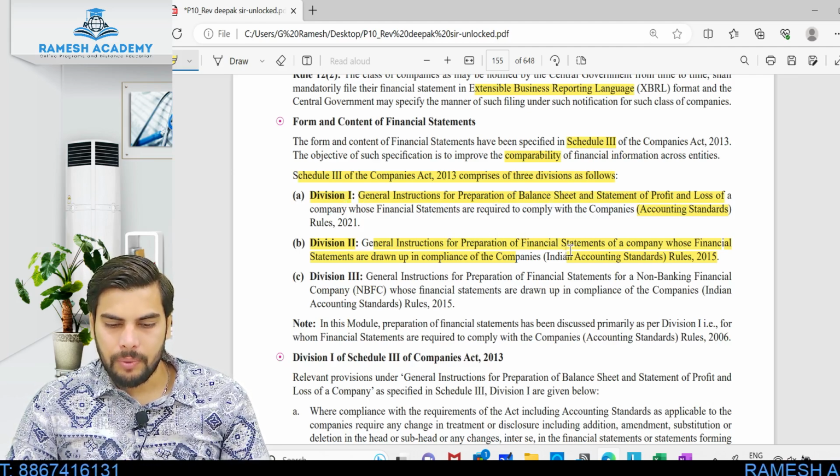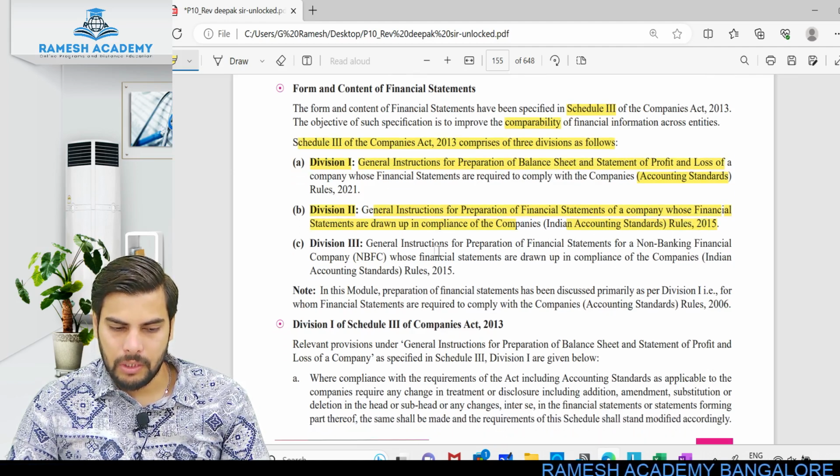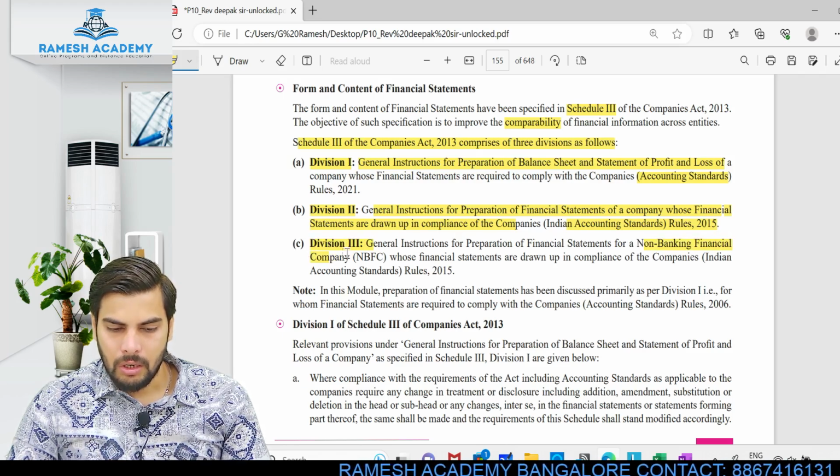Then Division 3 is general instructions for preparation of financial statements for NBFCs, non-banking financial companies, whose financial statements are drawn up in accordance with the company's Indian Accounting Standard Rules.